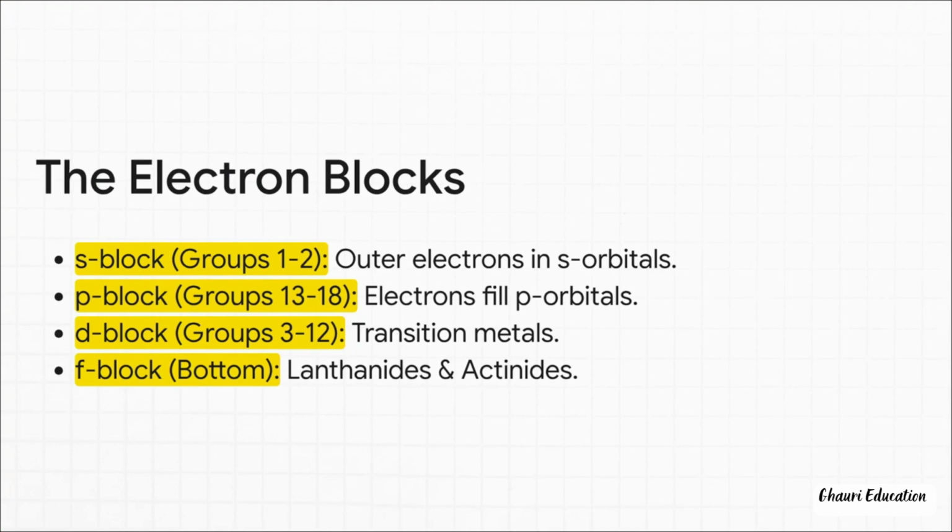So these blocks get their names from where an atom's outermost electrons are hanging out. You've got the S block and the P block on the sides. Then there's the D block, which is all those transition metals right in the middle. And the F block, that's where you find the real heavy hitters like uranium, is usually just tucked underneath so the whole table doesn't get ridiculously wide. The key thing is this shape isn't random. It's a literal map of how electrons fill up their energy levels.